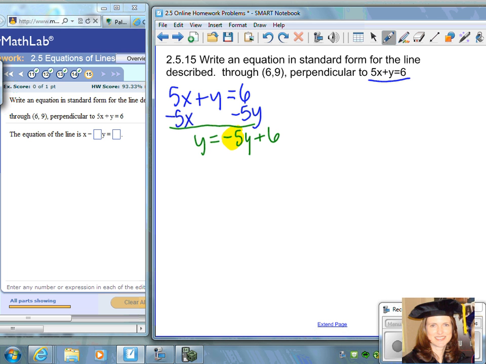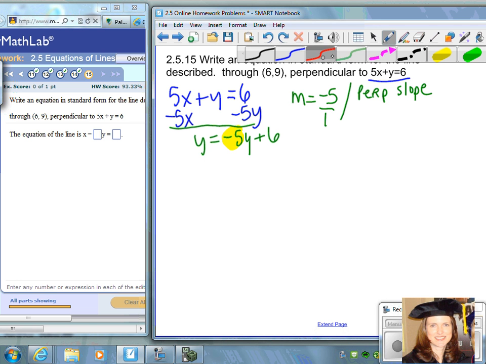If the slope of the line is negative 5, then we want to find the perpendicular slope. Perpendicular slope is the opposite reciprocal. So this is negative 5 over 1.